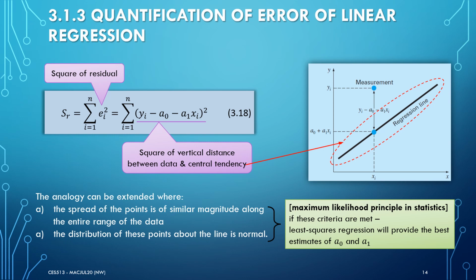The analogy can be extended further for cases where A, the spread of the points around the line is of similar magnitude along the entire range of the data, and B, the distribution of these points about the line is normal.